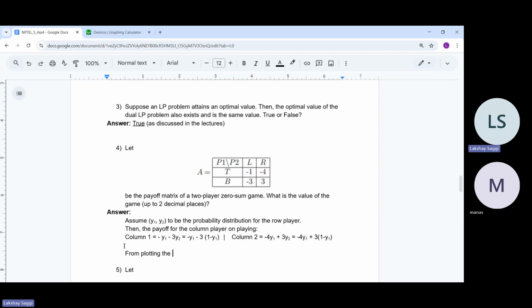From plotting the above expressions, we get that the value of the game is actually equal to minus 5 by 3, and it is achieved at y1 equals, so what's the value of y1?